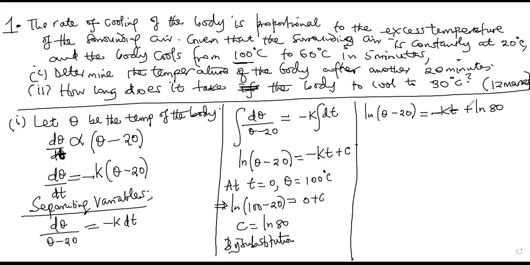Now, by having this, we can go ahead. Of course, they say that it reduced from 100 to 60 in 5 minutes. So it means that when the time was 5 minutes, theta is now 60. Then we substitute also to get the value of k.